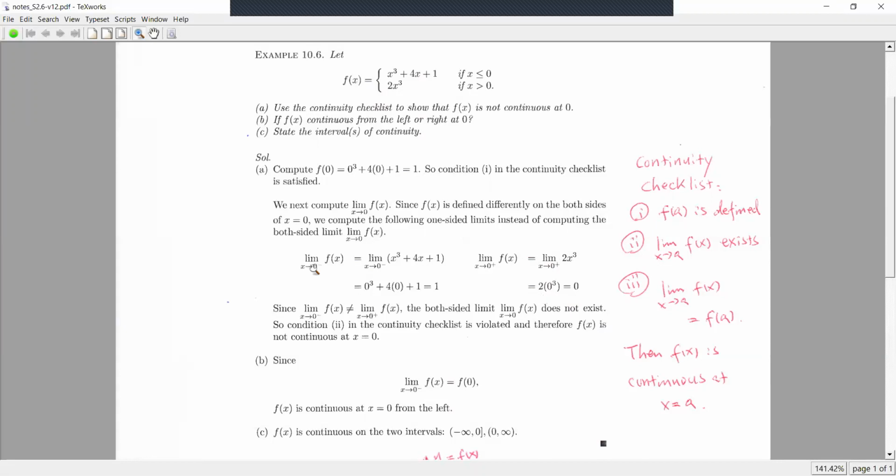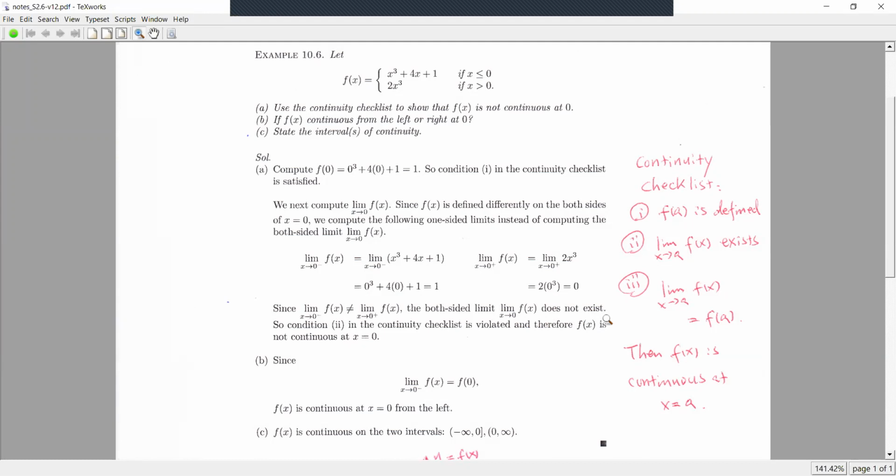So when x approaches 0 from the left side, the function approaches 1. When x approaches 0 from the right side, the function approaches 0. Two different limits. Therefore, the both-sided limit at the point 0 doesn't exist. A limit should be 1 and only 1. When x approaches 0 from the left, we have one limit.